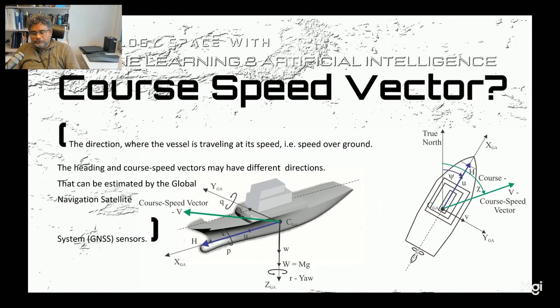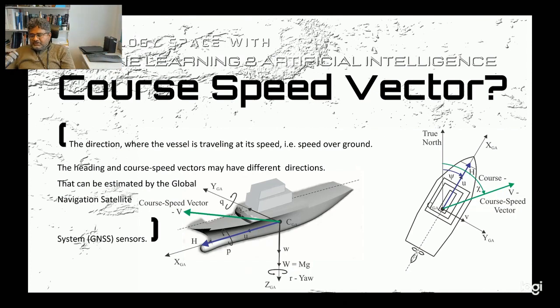Let's move on to the next concept, the course speed vector. The course speed vector can be defined as the direction where the vessel is traveling at its speed. Here we introduce the speed as the speed over ground. In some situations, the heading and the course speed vectors may have different directions. I think that deviation will create some level of challenge when you're controlling vessels by the rudder and propeller control system.